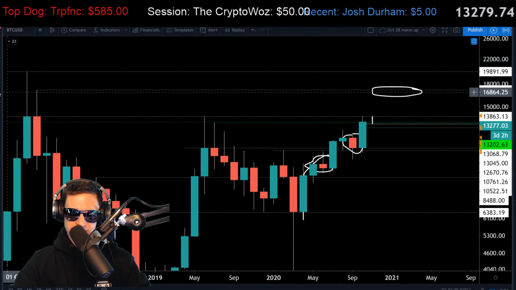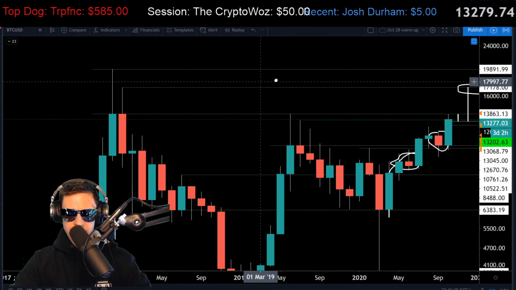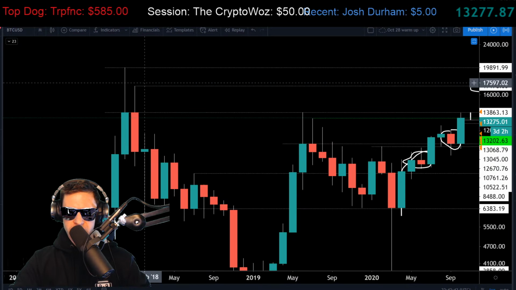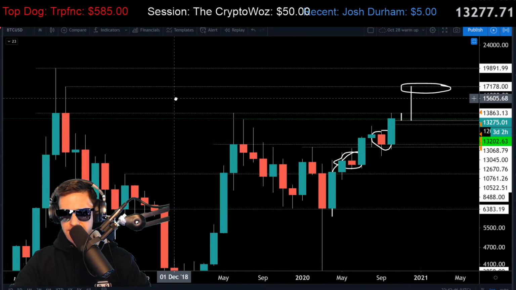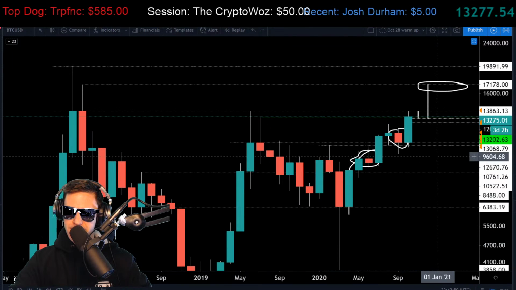And then what I want to see in December, a rally and a yearly close, 17,178. Essentially a double top from the first of January's monthly wick high in 2018. That is my ideal setup. That is my ideal.